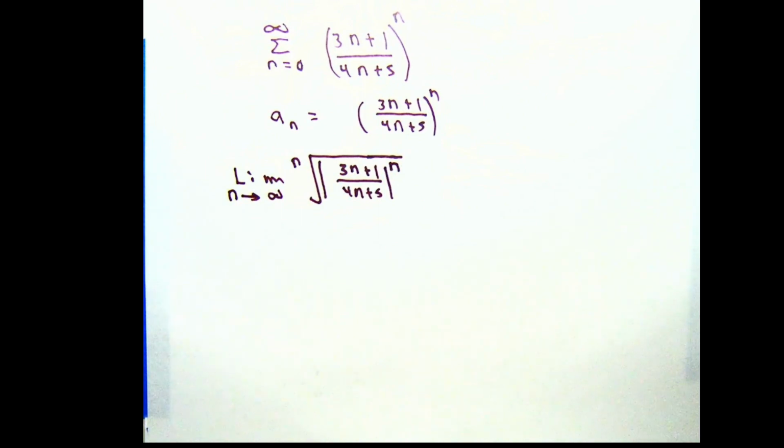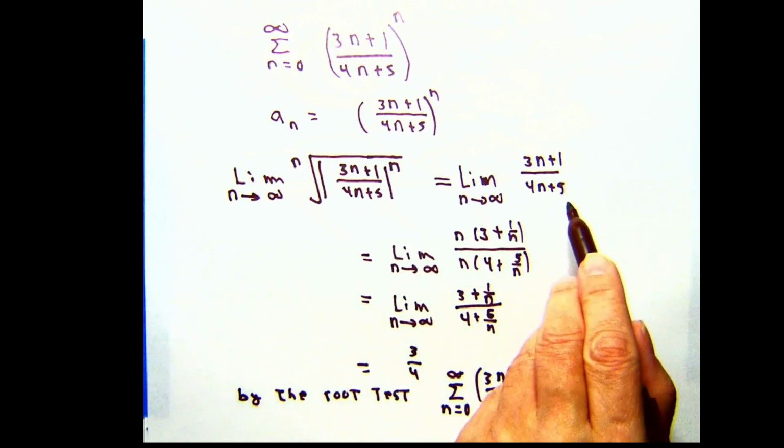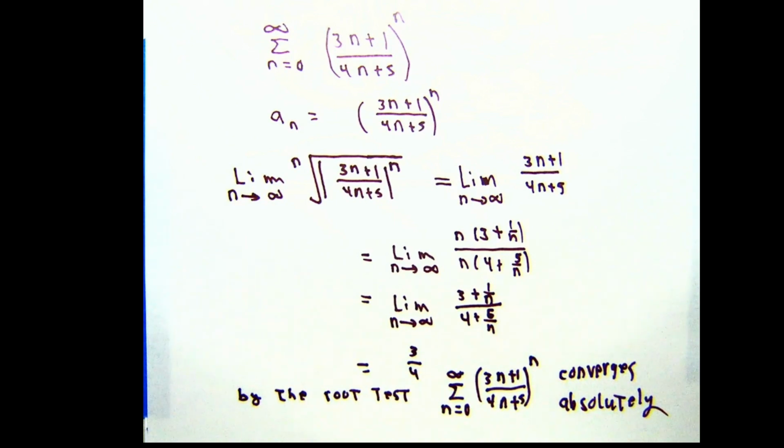Take the nth root of that. Since 3n plus 1 over 4n plus 5 is positive, I can drop the absolute value, work out the limit, and get 3/4. By the root test, the infinite series we started with converges absolutely.